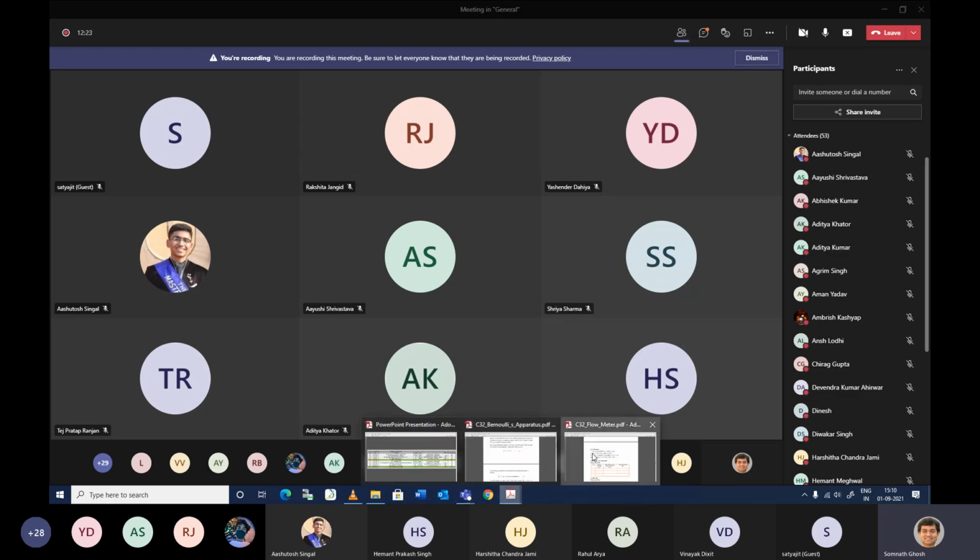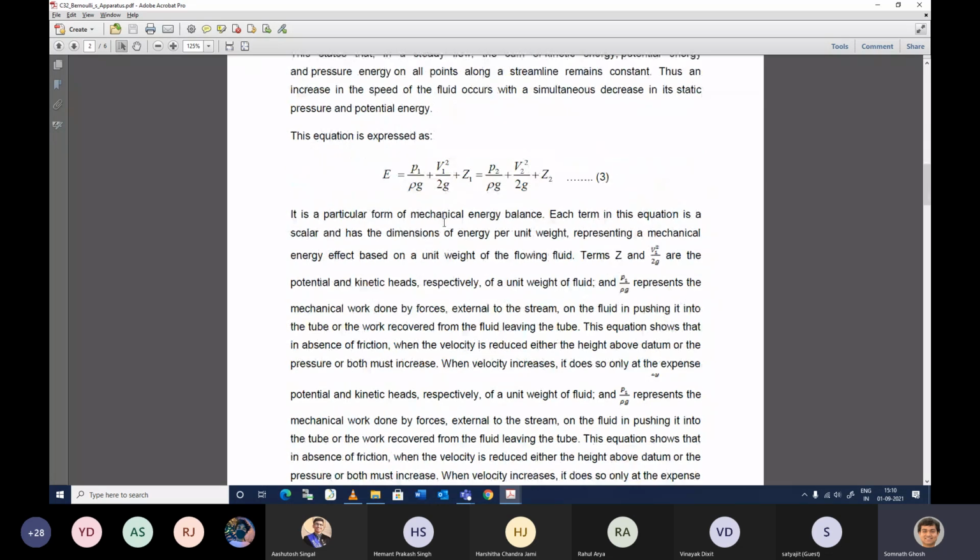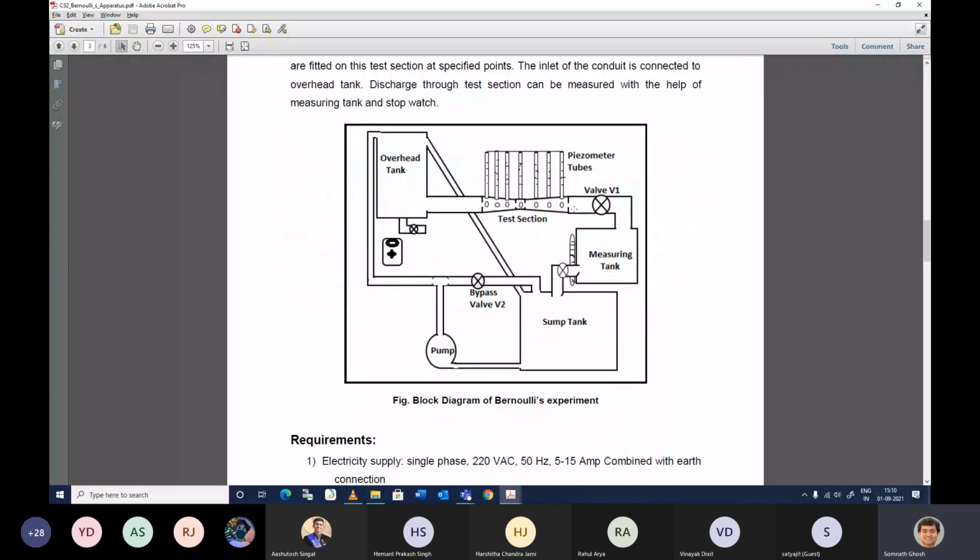Let me open the manual. You have this kind of setup, the Bernoulli setup. That setup is made of polymethyl methacrylate, a polymer also known as plexiglass or perspex. There are many names for this material. Here you have a converging section and a diverging section, so you provide a constriction in your channel flow.